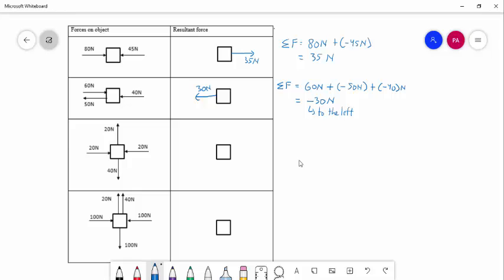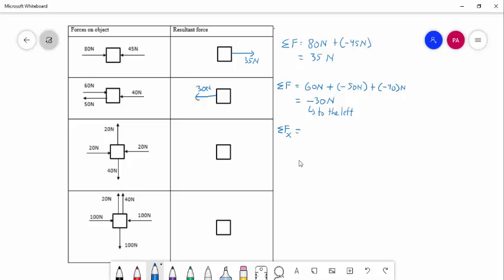Okay, so next, the third. In number 3, we have two dimensions: the x-axis, the horizontal one, and the y-axis, the vertical one. So we just calculate the horizontal and vertical separately. For the horizontal one, we usually use x because horizontal is the x-axis.